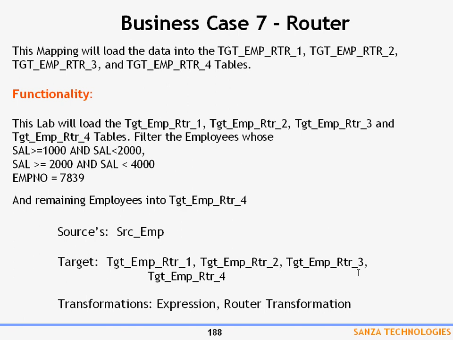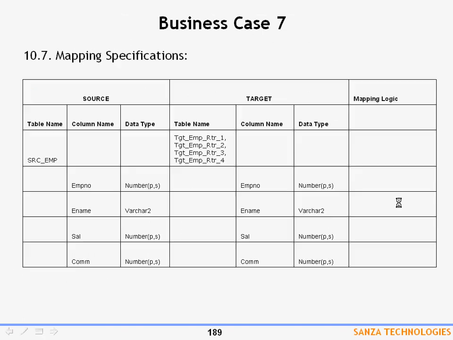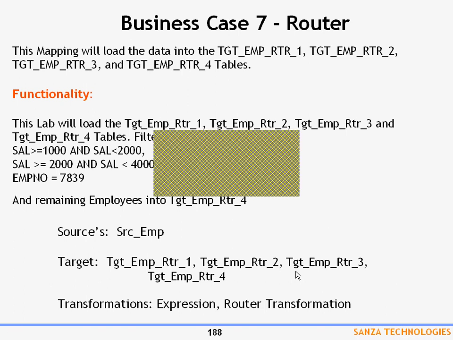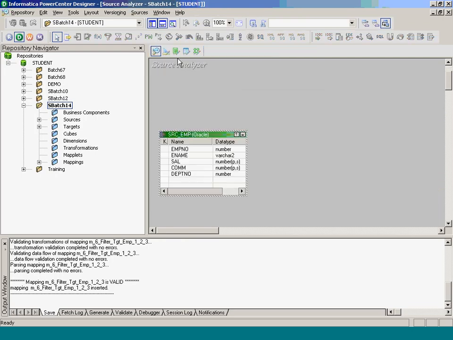Now we want to load raw data into multiple targets from the source EMP table, and load the data into 4 target tables: employee number, employee name, so 4 target tables. So first let me define the mapping. Here also it is the same source table, but you need to load data into different target tables.